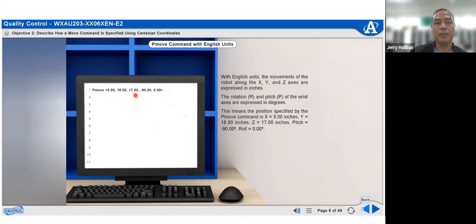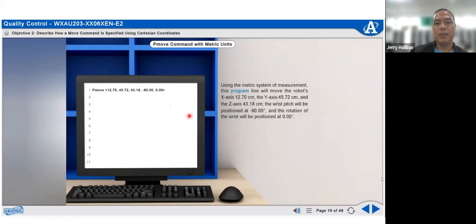5, 18, and 17 are the XYZ in inches, while the negative 90 is the pitch and the 0 is the roll of the gripper position.